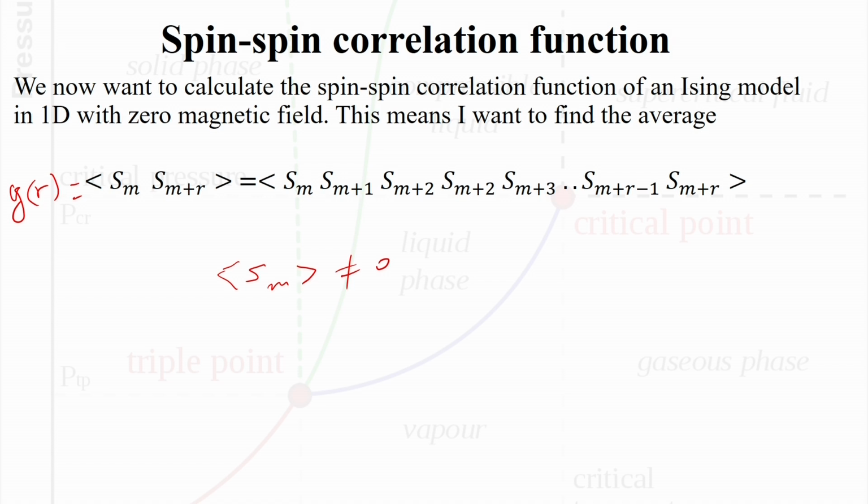So, the physical meaning of this quantity is that clearly it is a function of only r, because it is not going to depend on which site, because recall that we have used periodic boundary conditions. So, there is a translational symmetry there. So, at zero magnetic field, it is clearly going to depend only on r. So, what is the correlation between the spin at site m and spin at site m plus r?